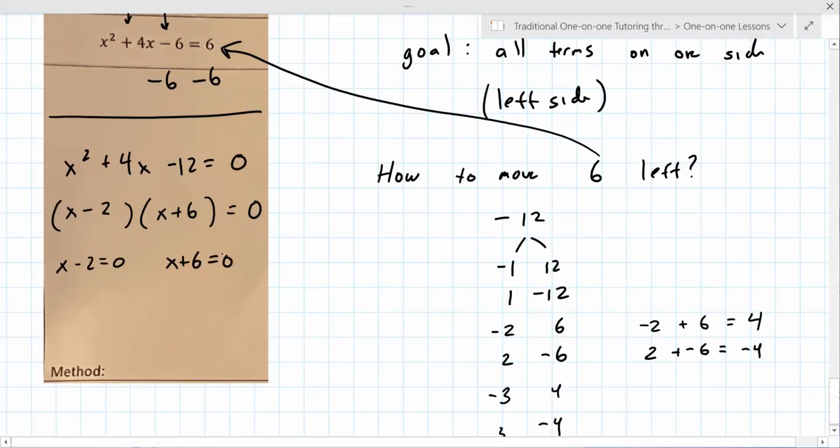Okay, so can you solve each of these for x and give me the final answers? It's 12. No, it's not 12. You have two equations: x minus 2 equals 0 and x plus 6 equals 0.